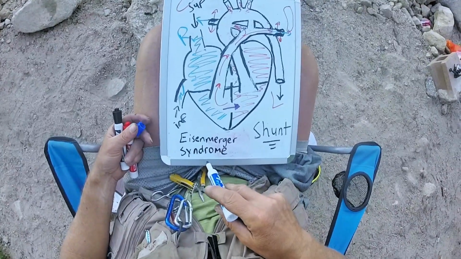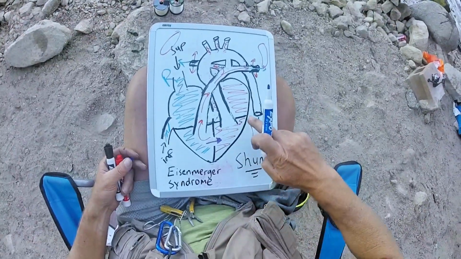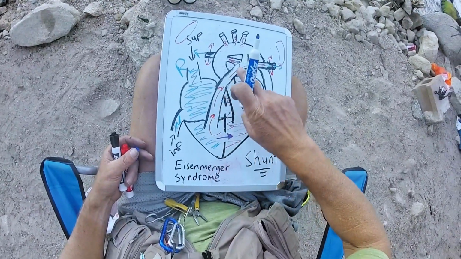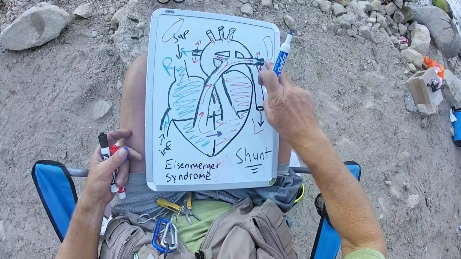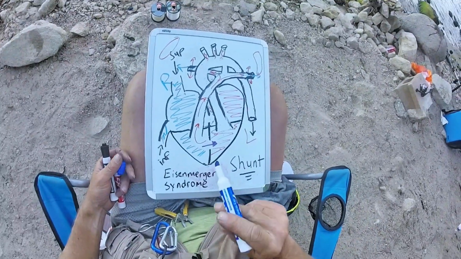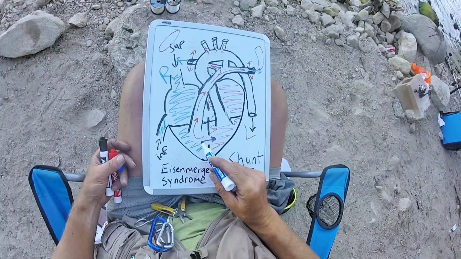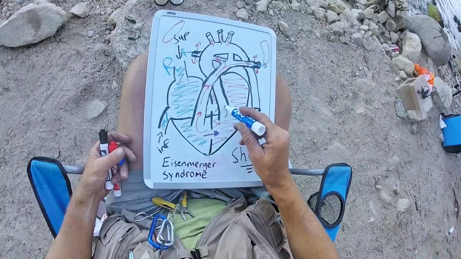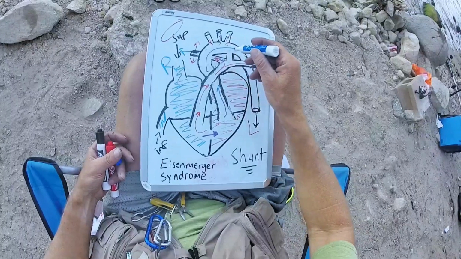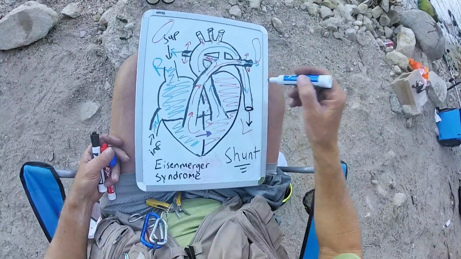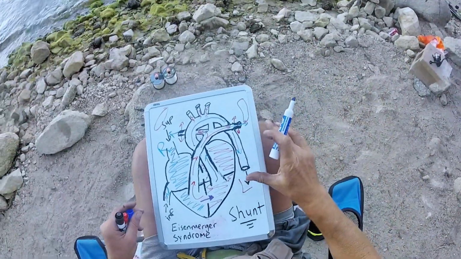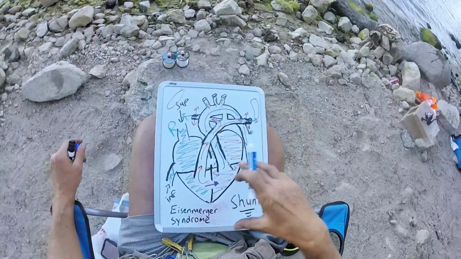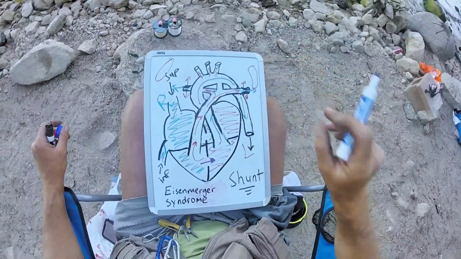This is Eisenmenger syndrome. And mostly that happens when we send pressurized blood into the lungs. And now the problem here is we are sending deoxygenated blood to the left side, which is going to head out the aorta and to the body.